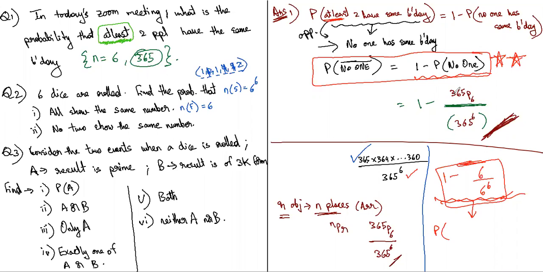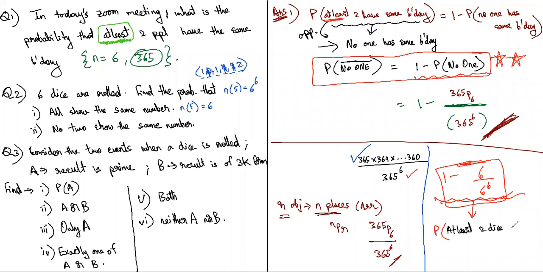Sir, at least two show the same number. Thank you. Very good. ठीक है. This is a probability that at least two dice. See, आप थोड़ा गलत है. All show the same number.